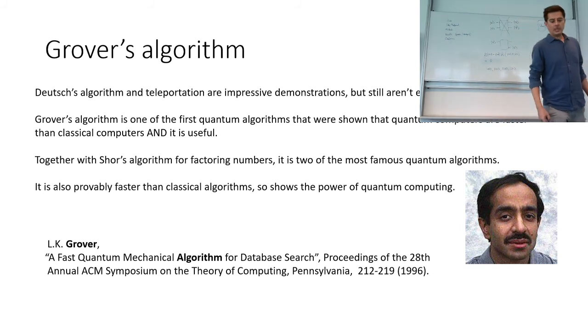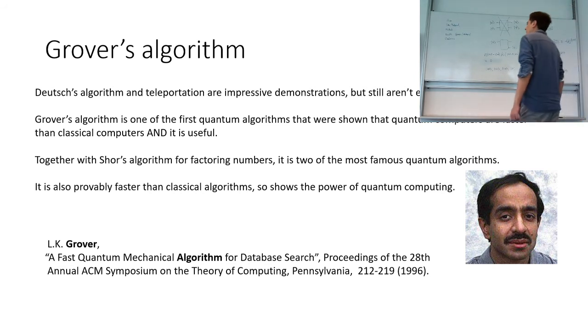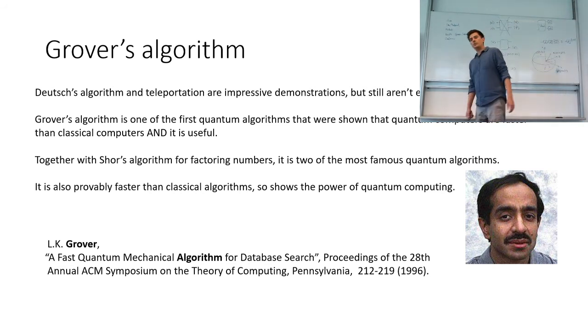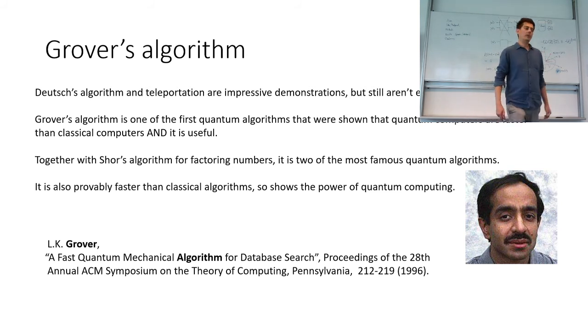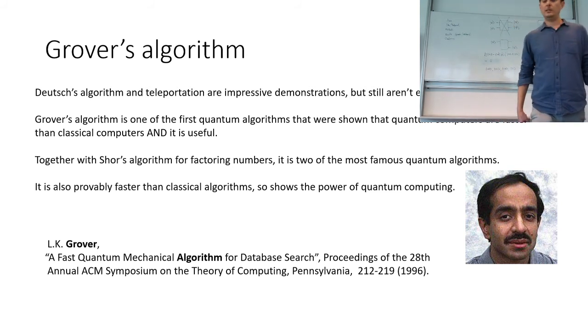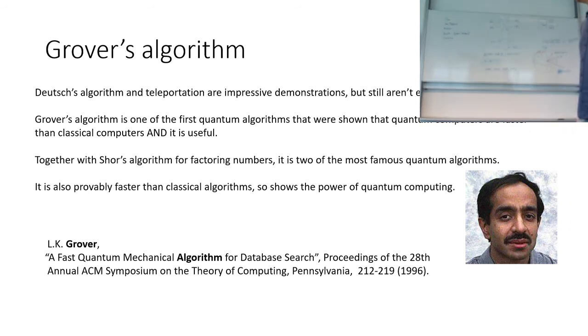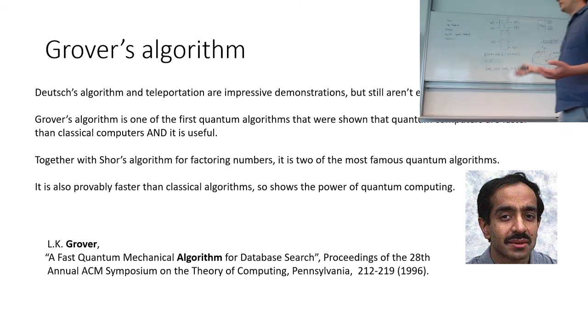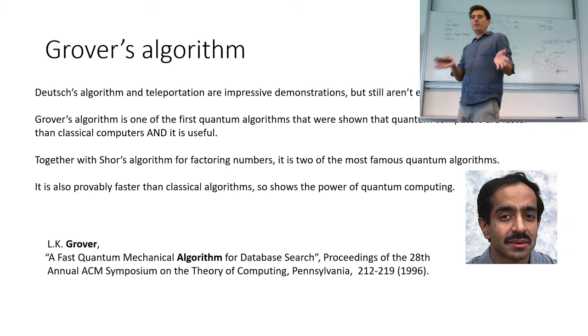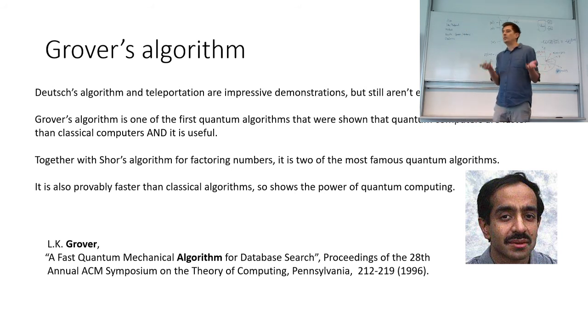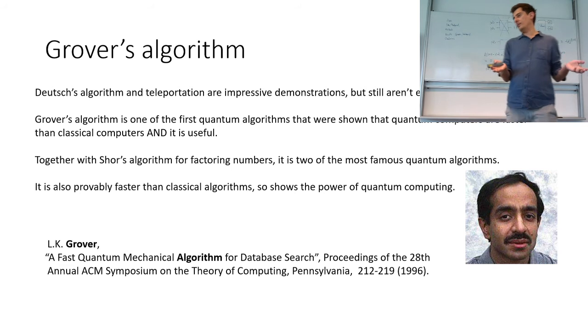I think this was also the case of Deutsch's algorithm, but this is not true for Shor's algorithm, where there's an exponential speedup, but it's only an exponential speedup over the best known algorithm. So there's a possibility that you can factor numbers maybe even faster than what's available today.